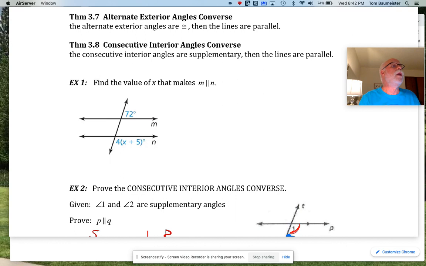The first one says, find the value of x that makes m parallel to n. If you look at what we've got here, we've got 72 degrees right here, and we know that we have 4 times x plus 5 there.